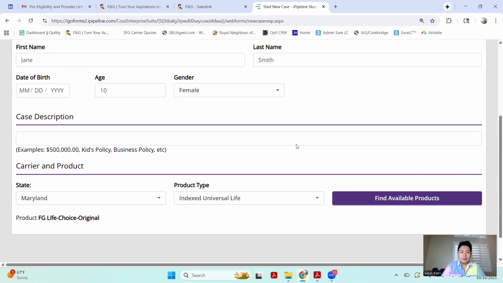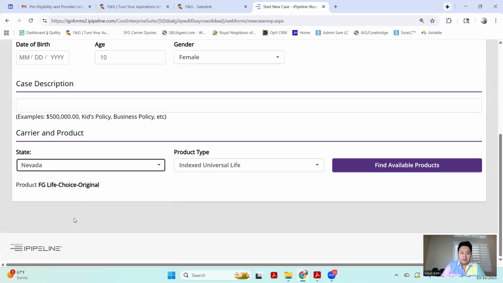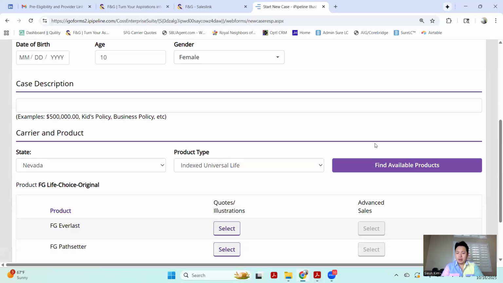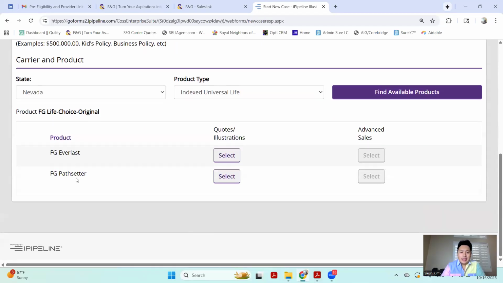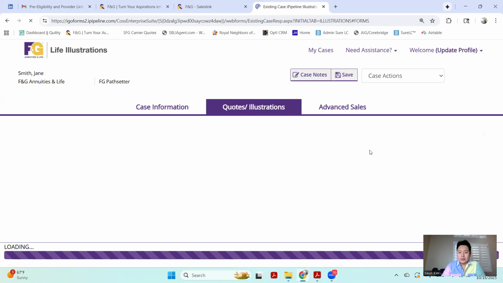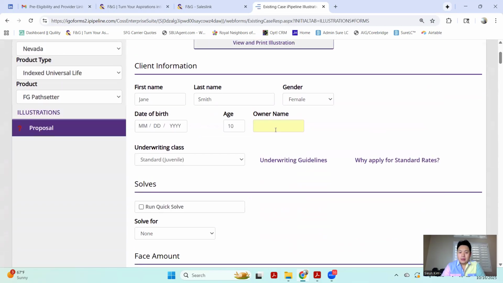Use a female. And then what we're going to do is go to Nevada, product type, index universal life, find available products. F&G Pass Setter is the product. So you're going to select the quotes/illustrations. And owners, we're just going to put parent.